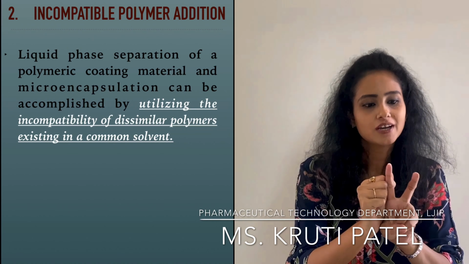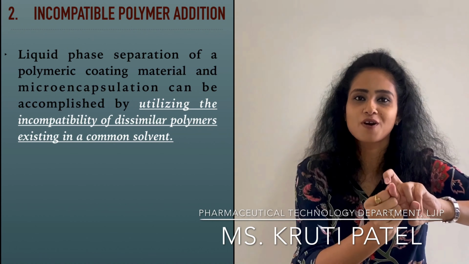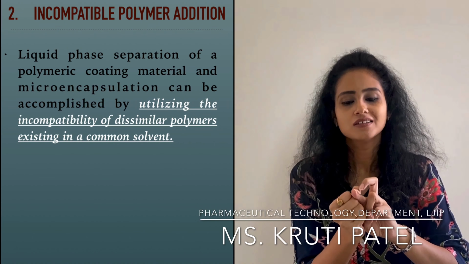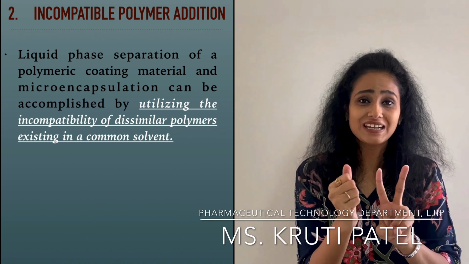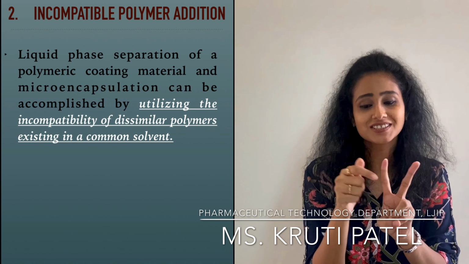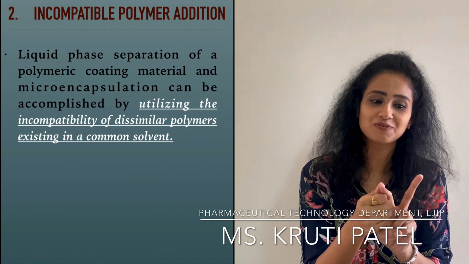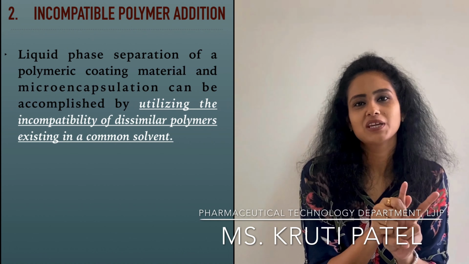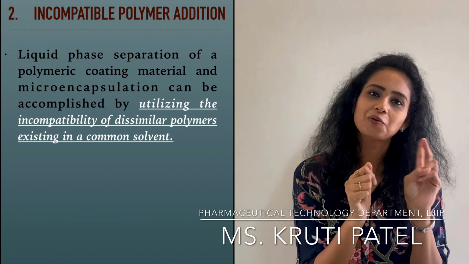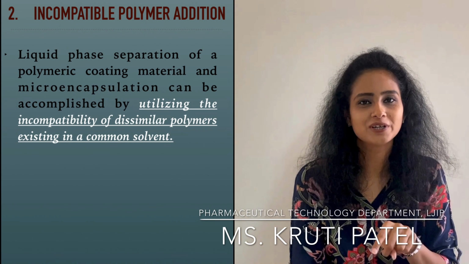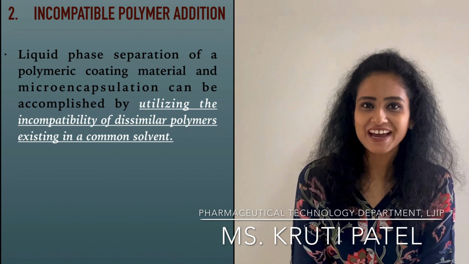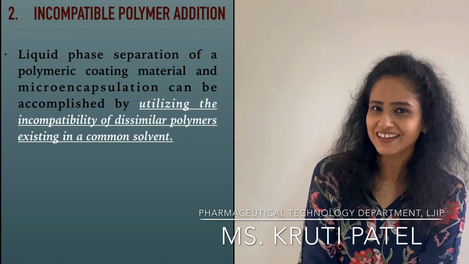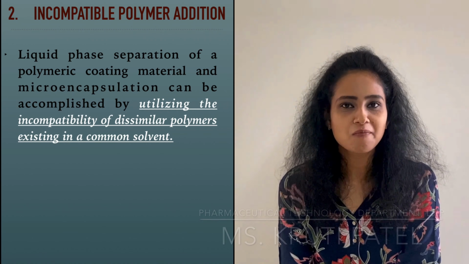Then polymer Y enters. When polymer Y enters, the solvent will leave polymer X and go to polymer Y. So polymer X became alone, and that will go and form a coat around the core material. So interesting and so easy, right? This theory of incompatible polymer is very familiar, I guess. Okay, so that is addition of incompatible polymer.